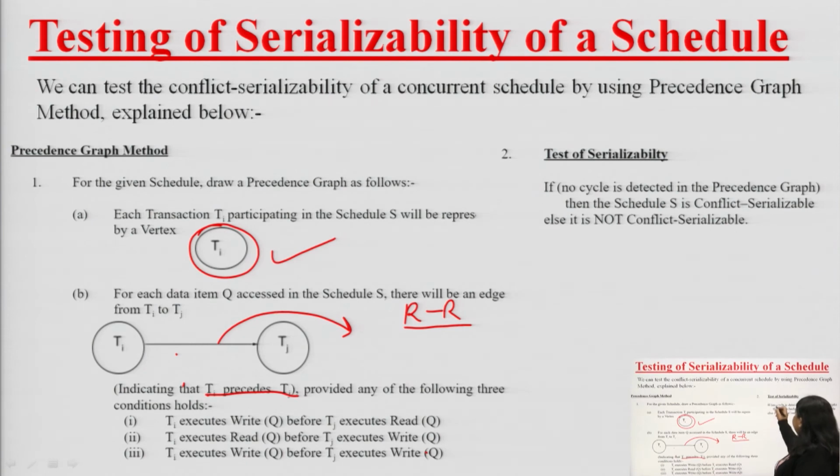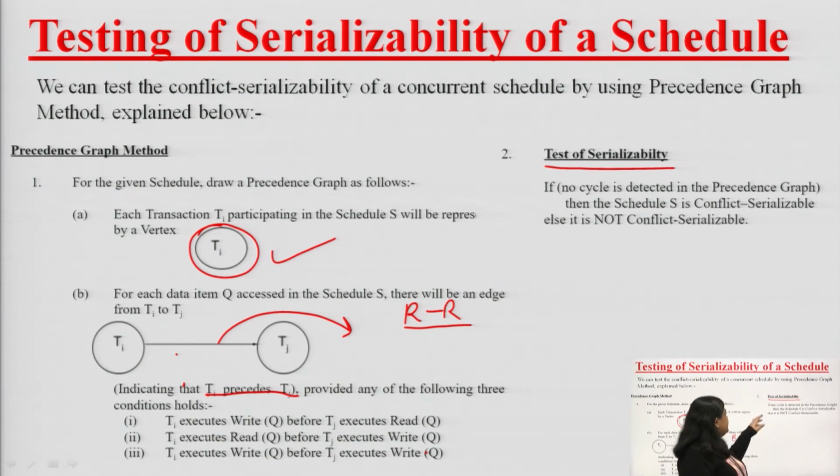Now, what is the test for serializability? When we are making the precedence graph, the test says that after making the complete precedence graph, if no cycle is detected, then the schedule S is conflict serializable, right.